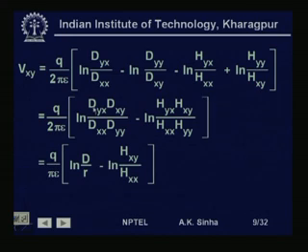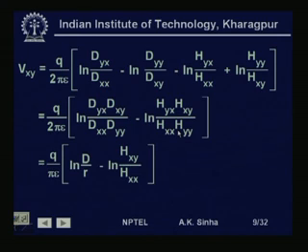Similarly, for the image terms, this becomes minus log n h x y by h y y. Adding these two, we get minus log n h y x into h x y divided by h x x into h y y.